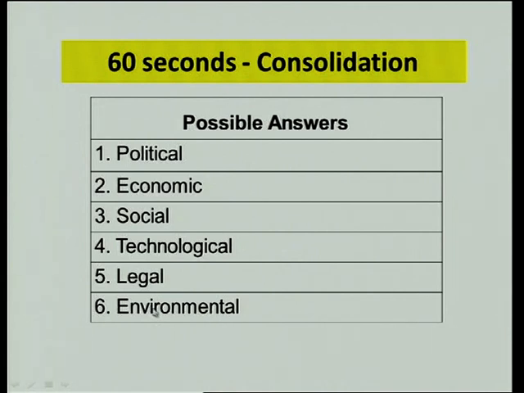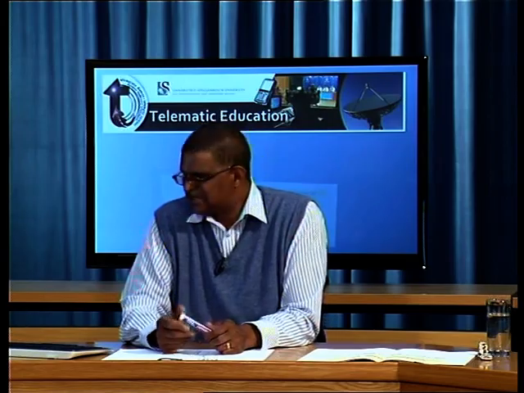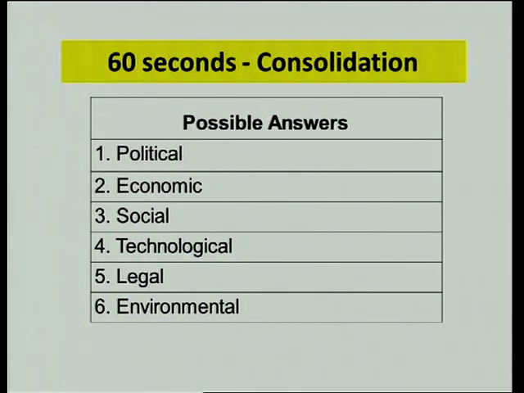These are possible answers. And those learners at Homevale High, I want to see if you can respond. I'm going to give you exactly 60 seconds. You're going to get 6 possible scenarios, and I want to see whether you can match the 6 components of the macro environment we've identified with the 6 scenarios that are going to be displayed now.